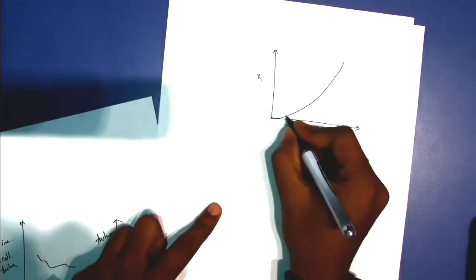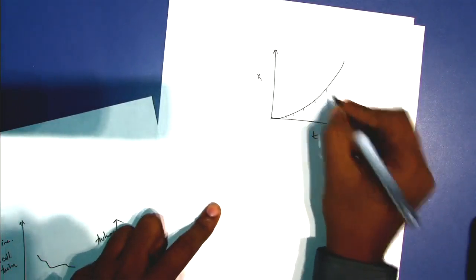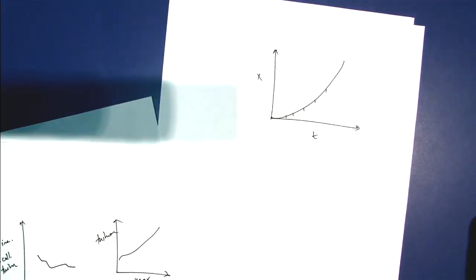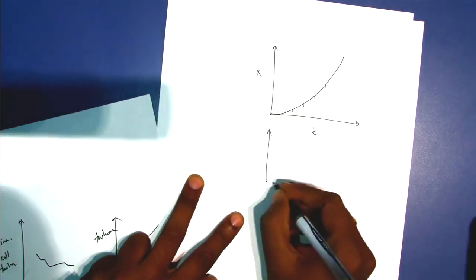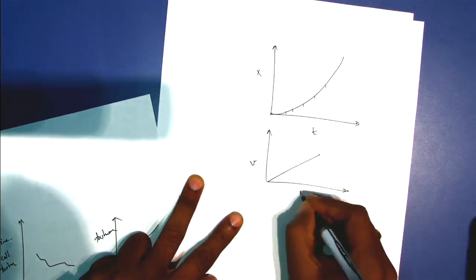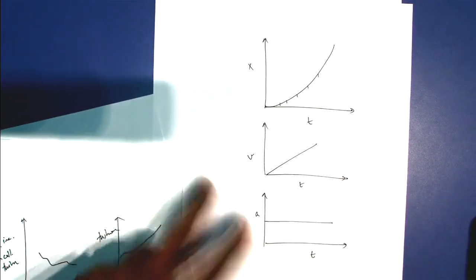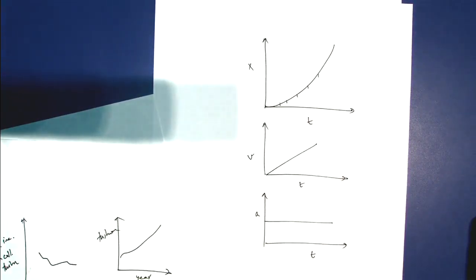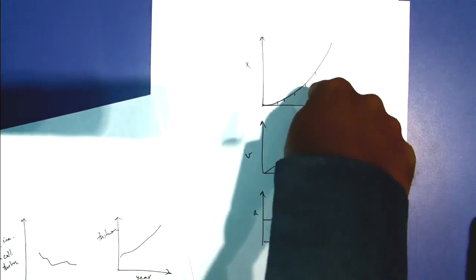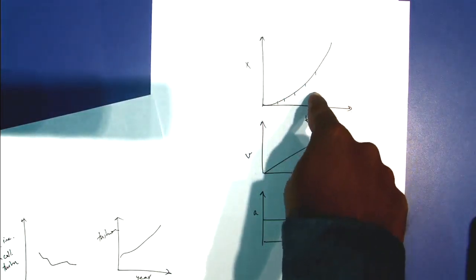What this is telling you is that in equal amounts of time, this thing is traveling greater and greater distances. So the v versus t for this is this, and the a versus t for this is just this. Does that make sense? This is the slope of this guy, this is the slope of this guy. Everyone with me so far?